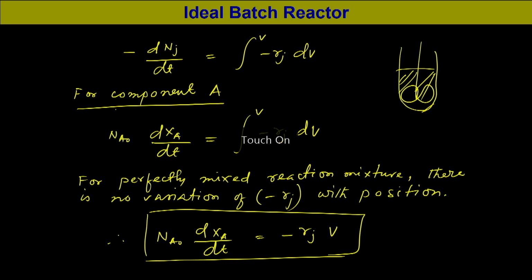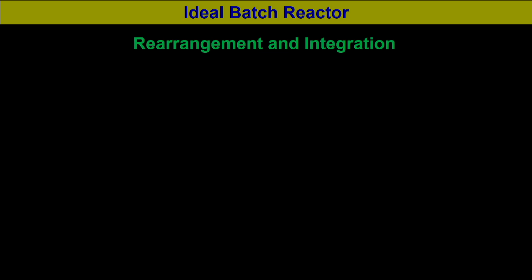Now, if we rearrange this equation and integrate, we obtain NA0 dXA/dt is equal to minus rj V. So, we can write dt is equal to NA0 dXA by minus rj V. For component A, it is rA.